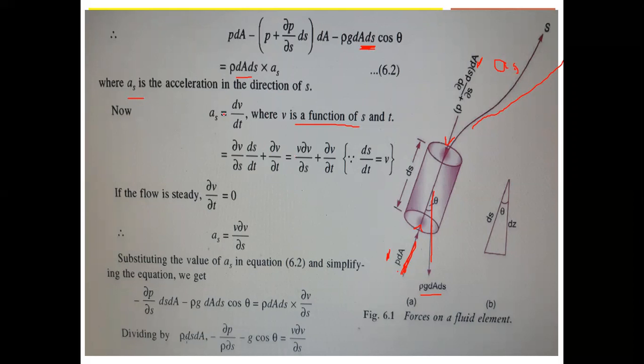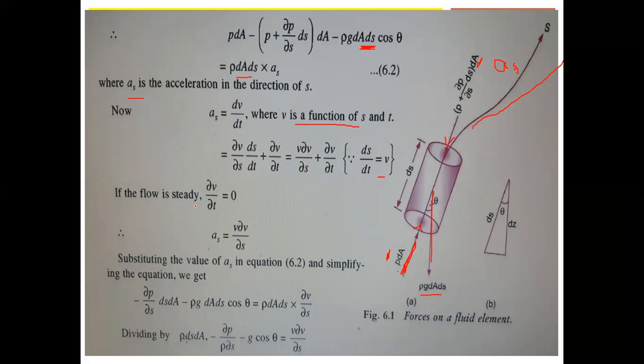So a_s is equal to dv by dt, where v is a function of s and t, and a_s is the acceleration in the direction s. Thereby dou v by dou s into ds by dt, with ds by dt equal to v. Substituting, we get v into dou v by dou s plus dou v by dou t.